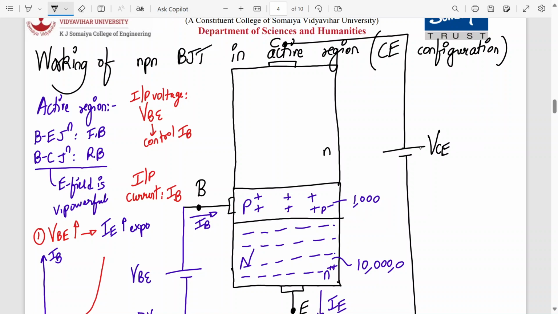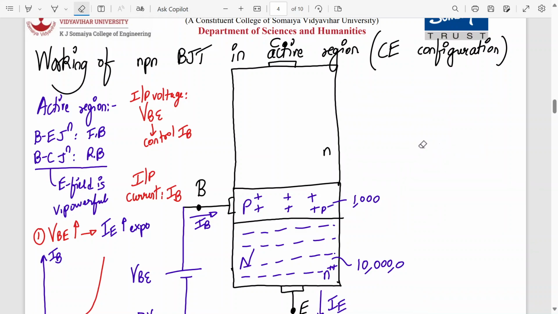Alright, now what will happen? First of all, it is suitable to show the base-collector junction over here first. So let me connect this writing pad again. Let me show you the base-collector junction only, externally biased.